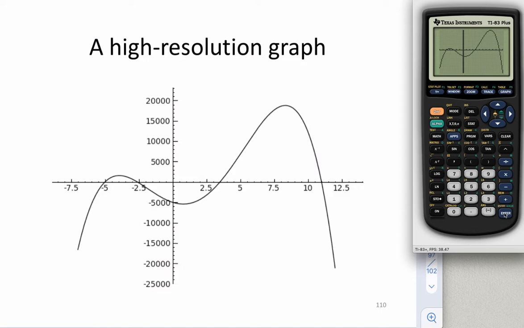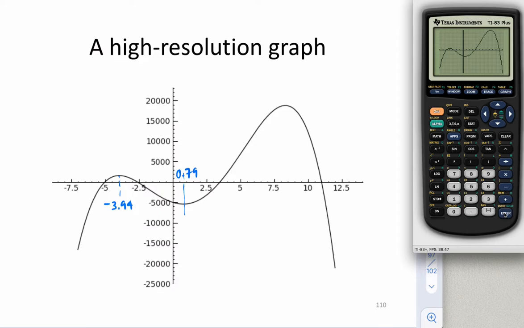And there it is. So from earlier, we found that the x-coordinate of this local minimum here is about -3.94. And the x-coordinate of the local maximum, right about here, is 0.79 on the x-axis.